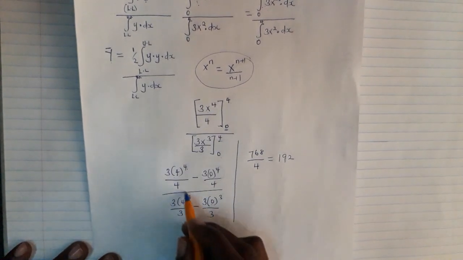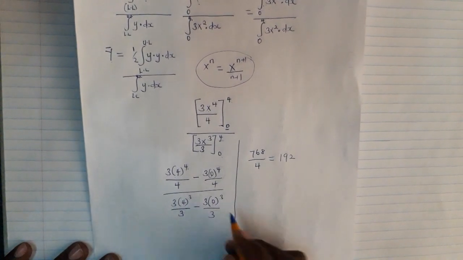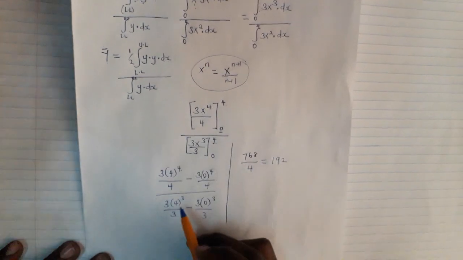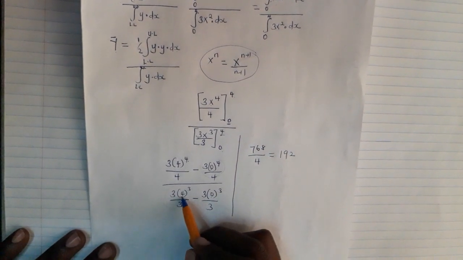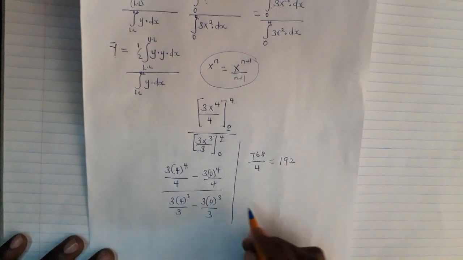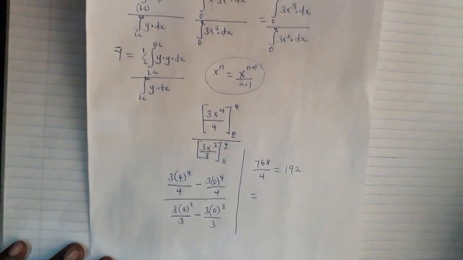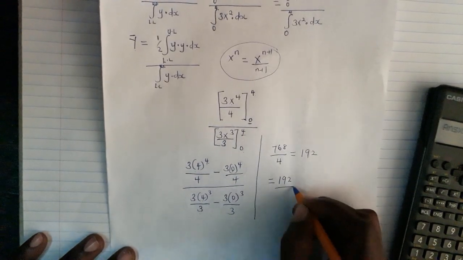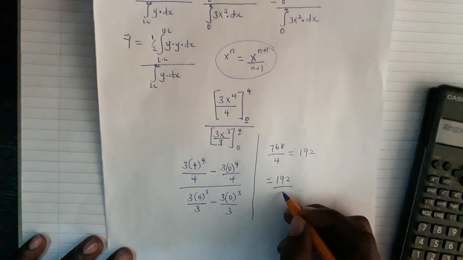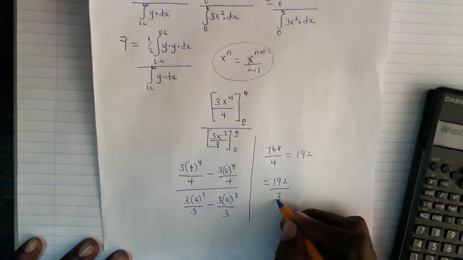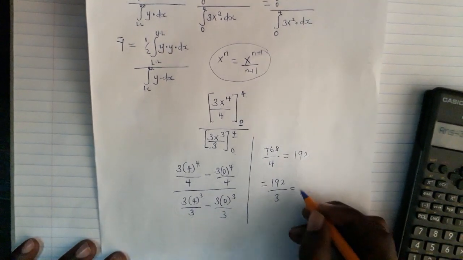And then the denominator, it is 3 times 4 power 3 over 3. So 192 over 3, 64.